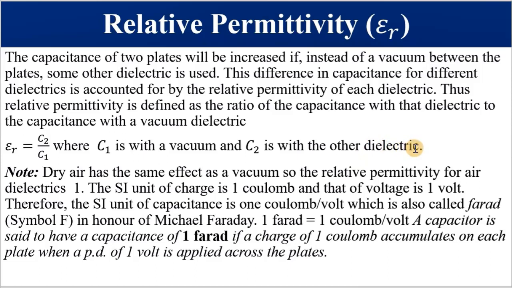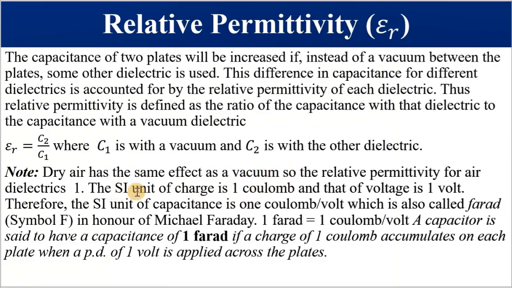Please take note, we are comparing the capacitance of a capacitor with a certain dielectric to the capacitance of a capacitor with air as the dielectric, hence the r standing for relative. And as we saw in table 1.1, dry air has the same effect as a vacuum and its relative permittivity is 1.